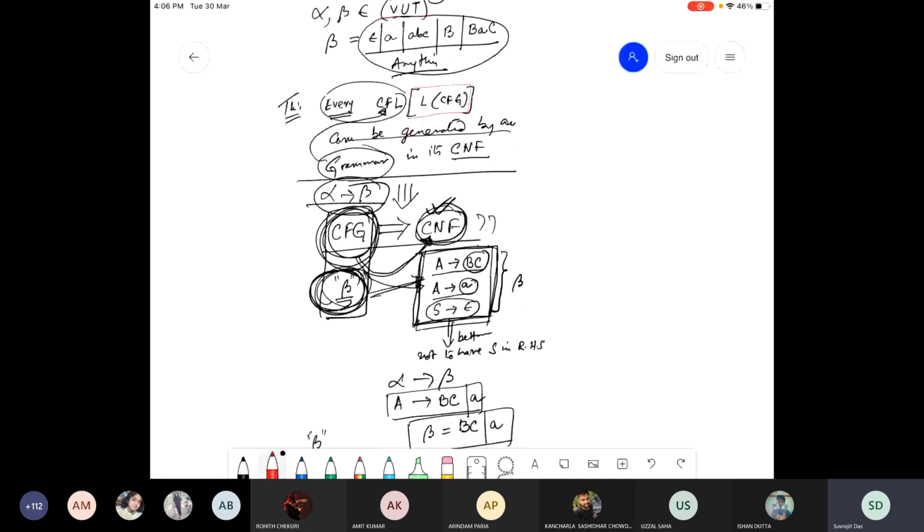What does B mean? Current top of the stack. And what does C mean? Push this symbol onto the stack. So B is the current top of the stack and pop it.